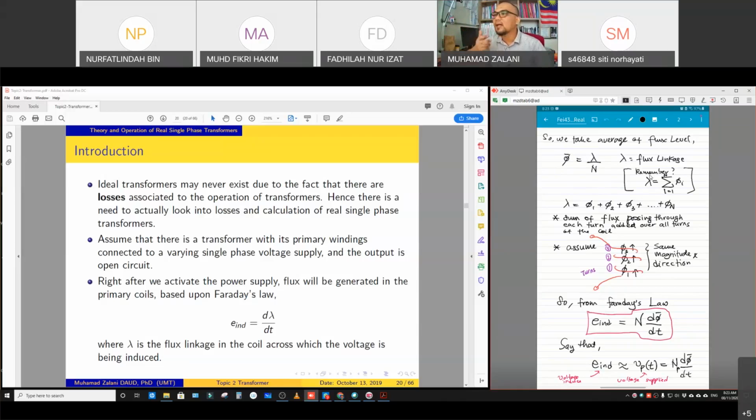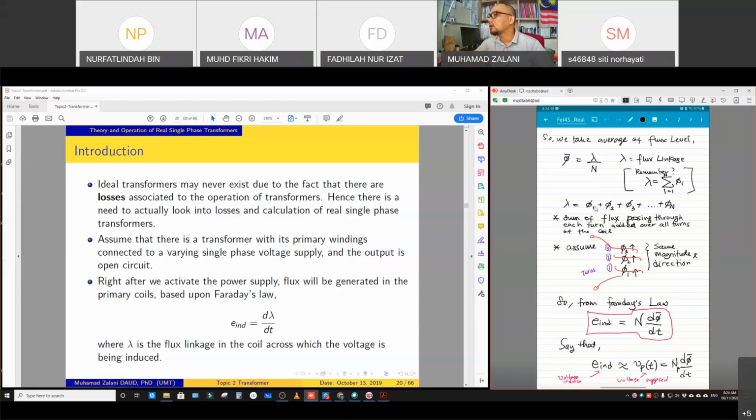So actually, lambda is the total of the phi's, meaning that we add all of the phi's. Okay, we add all of phi 1 plus phi 2, phi 3, and so on until phi N, equals lambda, which is the flux linkage.